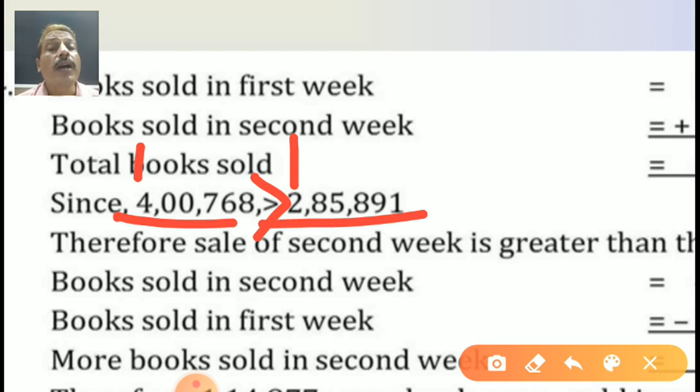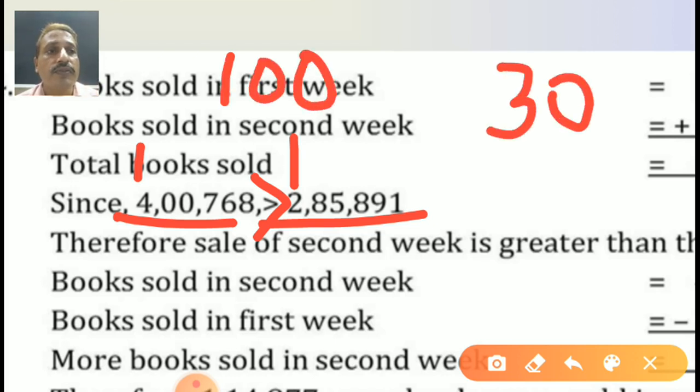Now we have to find how much more. How much more means? Suppose you have two friends. One has 100 rupees and one has 30 rupees. How much more money does the first student have? What will you do? Addition? Plus?